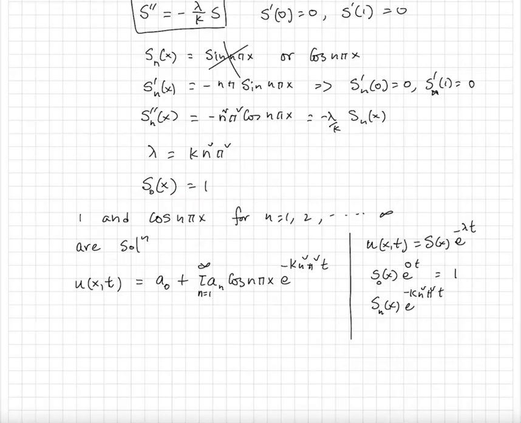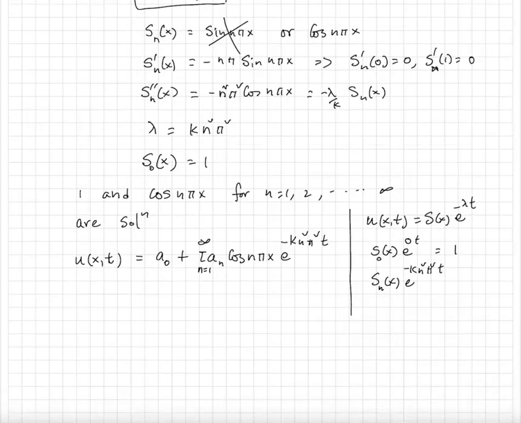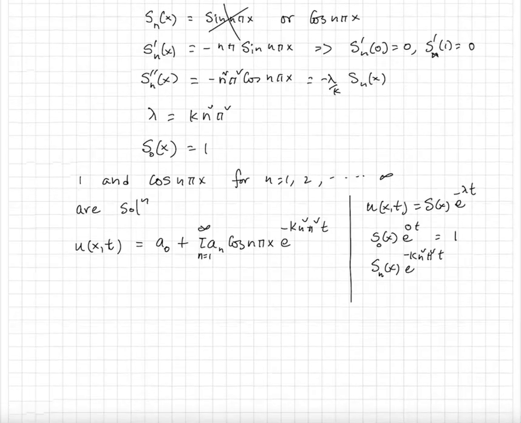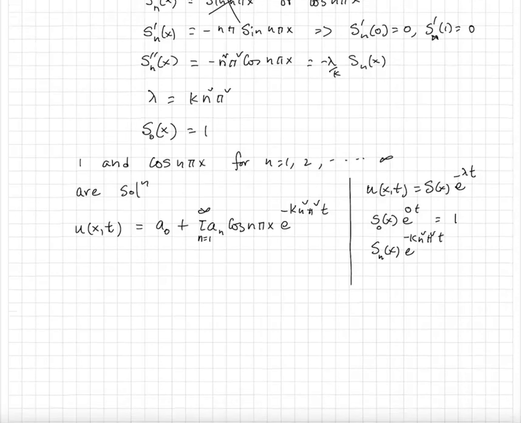So 1 is an eigenfunction, cos n pi x is another eigenfunction. 1 is S_0, cos n pi x is S_n for n greater than 0. Then you think of elementary solutions here, take all the elementary solutions, and apply the superposition principle by considering the linear combination. Then you can clearly see how the constant term comes.